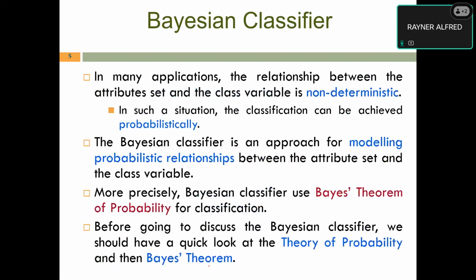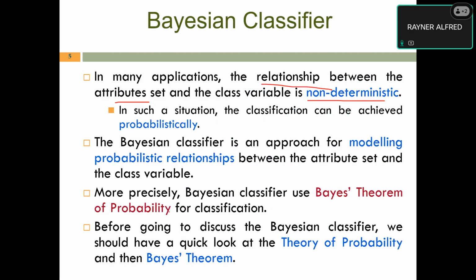In many applications, the relationship between attributes and the class is non-deterministic, meaning there may or may not be a way to determine the relationship between the two. Non-deterministic means there is no guarantee. In such a situation, we can use statistical probability to determine the relationship.